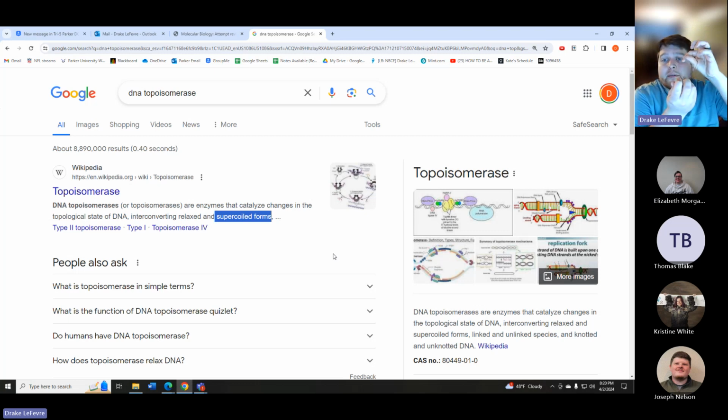That's supercoiling. So the topoisomerase's job is to monitor that. As it starts to really coil, it will literally snip a chunk of the DNA so that it unwinds and goes back to normal, and then it reattaches it. Then the helicase can keep going and doing its job without worrying about creating a supercoil.